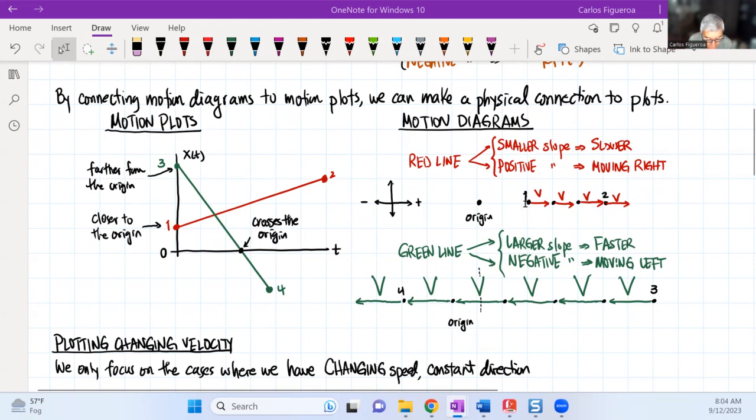It's farther than points 1 and 2, as the graph shows. Because it's moving at a constant velocity, you can see that it has a longer length, and it passes through the origin, through the x equal to 0 line, and it continues going to the left here. So when I look at these motion plots, that's exactly what we're looking at.